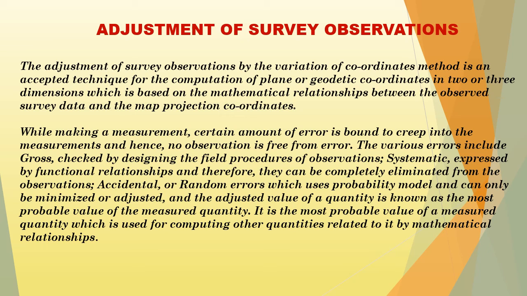The adjusted value of a quantity is known as the most probable value of the measured quantity. It is the most probable value which is used for computing other quantities related to it by the mathematical relationships.